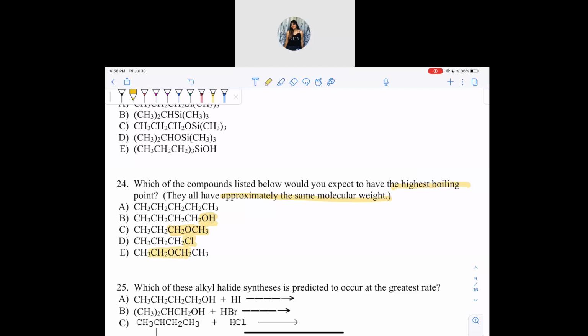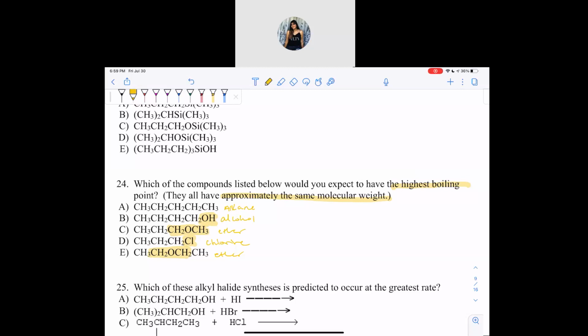So alcohol, alkane, ether, ether, chlorine. So someone answered, so wonderful. Yes, it is B, because alcohols have the highest boiling point against the ethers, and then chlorine and alkanes, dude, we didn't even talk about that.